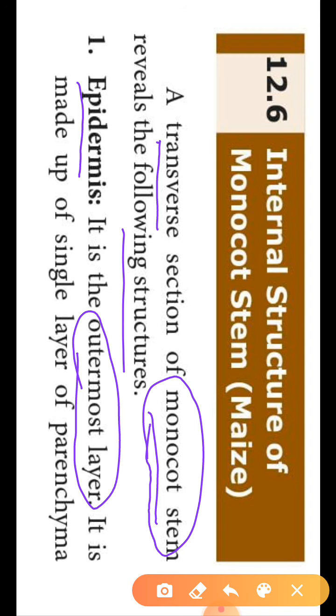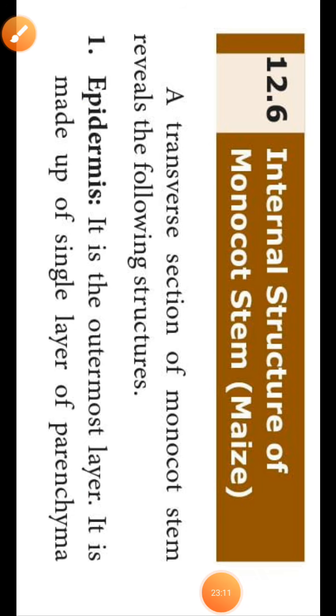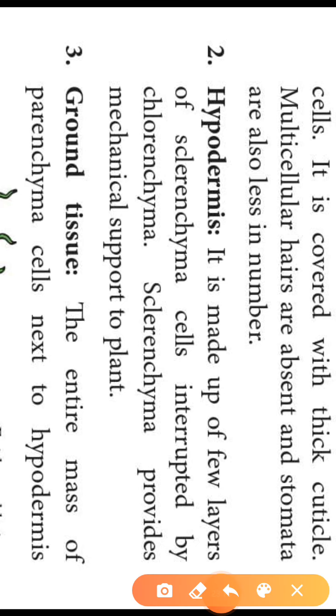Important, one mark. Epidermis is the outermost layer. It is a single layer of parenchyma cells. It is covered with thick cuticle, multicellular hairs are absent, and stomata are also less in number.